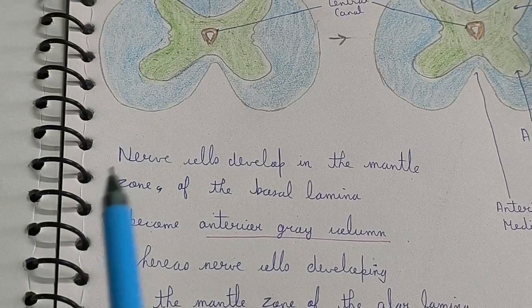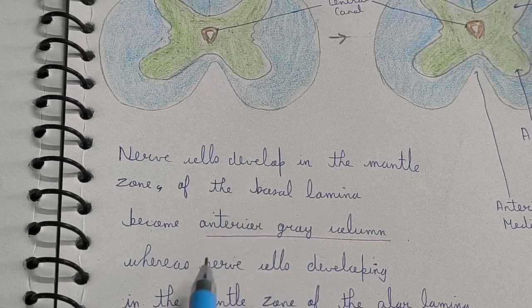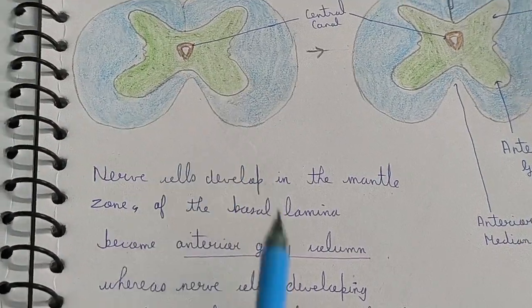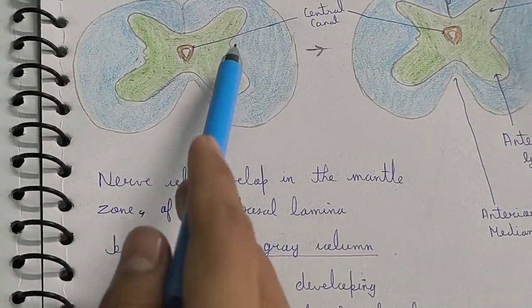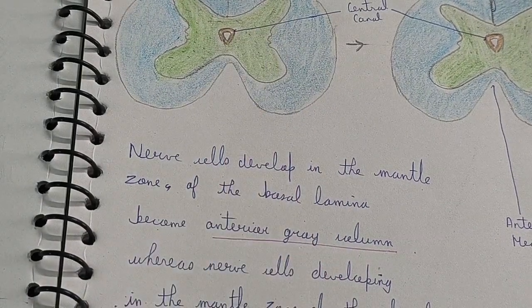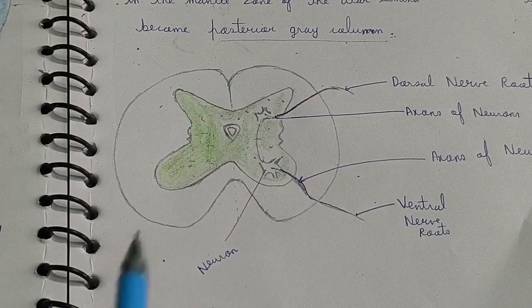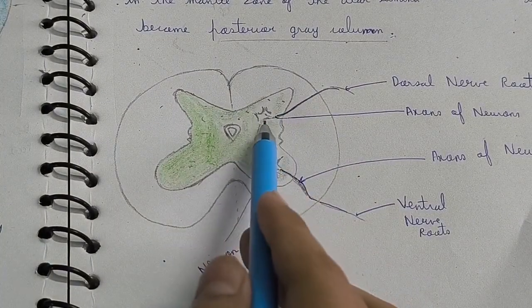So I have written that nerve cells develop in the mantle zone of the basal lamina and become the anterior gray column, whereas nerve cells developing in the mantle zone of the LR lamina become the posterior gray column.